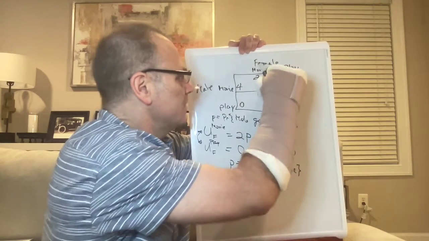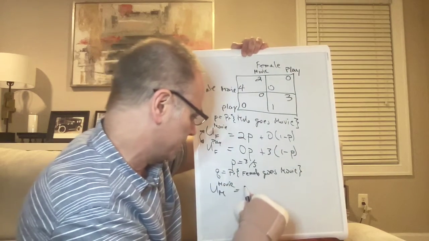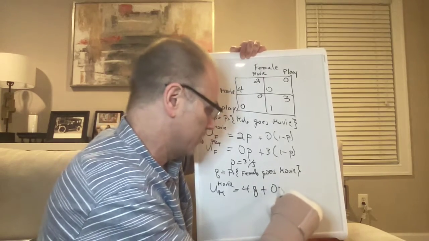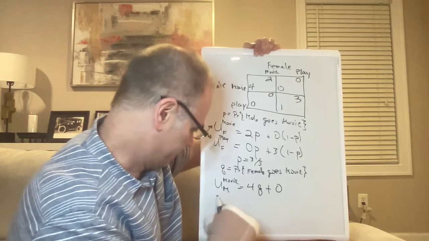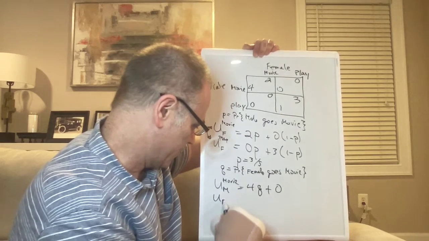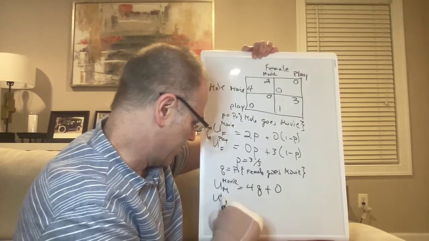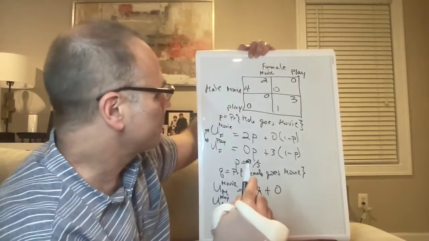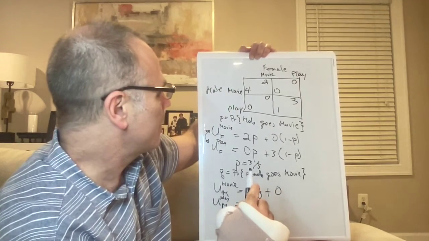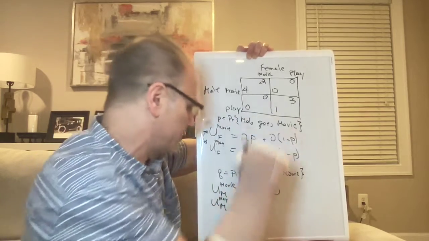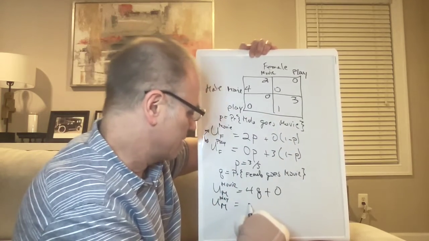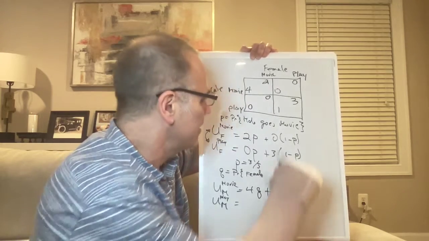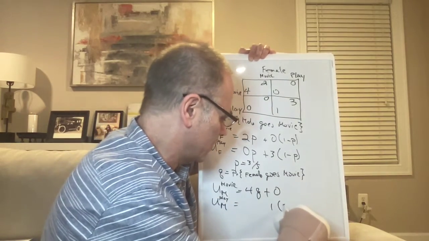It's 4 times the probability that the female goes movie, so it's 4 times Q plus 0 times 1 minus Q. And then U male play equals 0 times Q plus 1 times 1 minus Q.